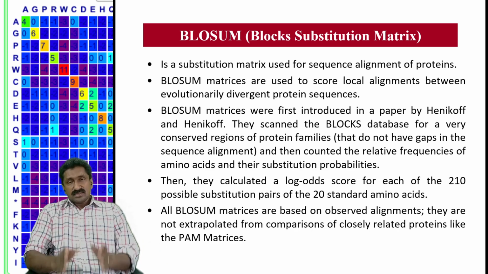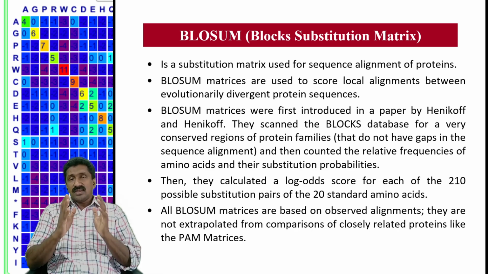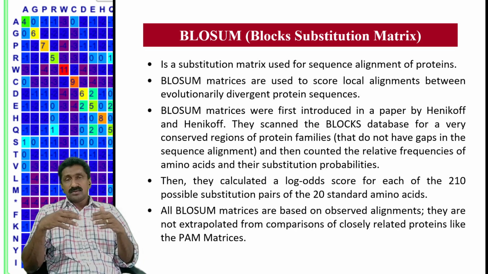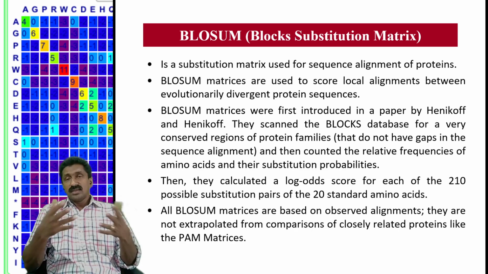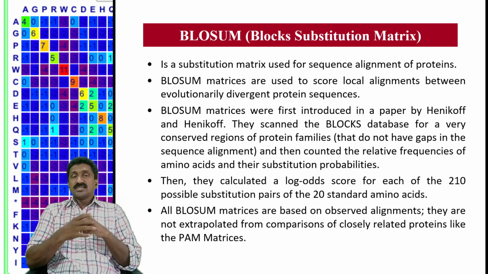So likewise, the protein families will have their own conserved domains, and if there is a change in any of that conserved region, that is a significant mutation that might have occurred during maybe hundreds of years of evolution, and that possibility needs to be addressed.